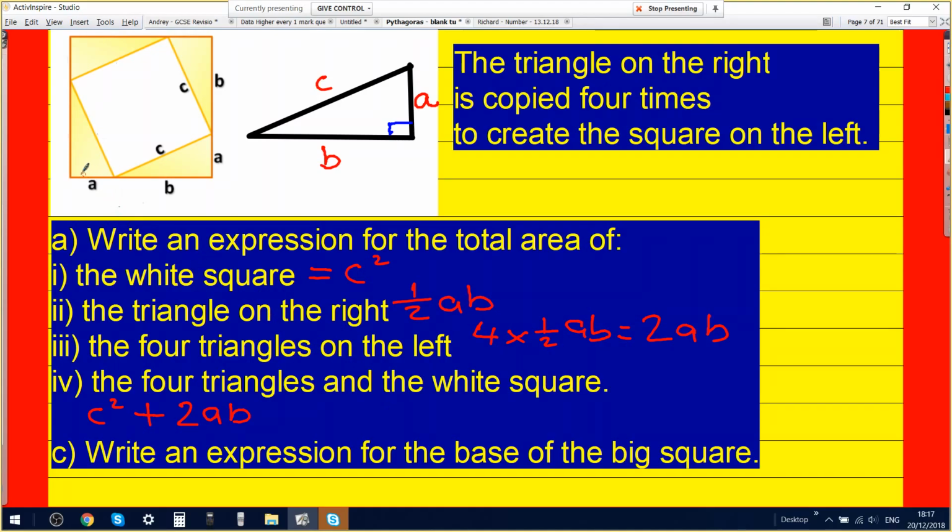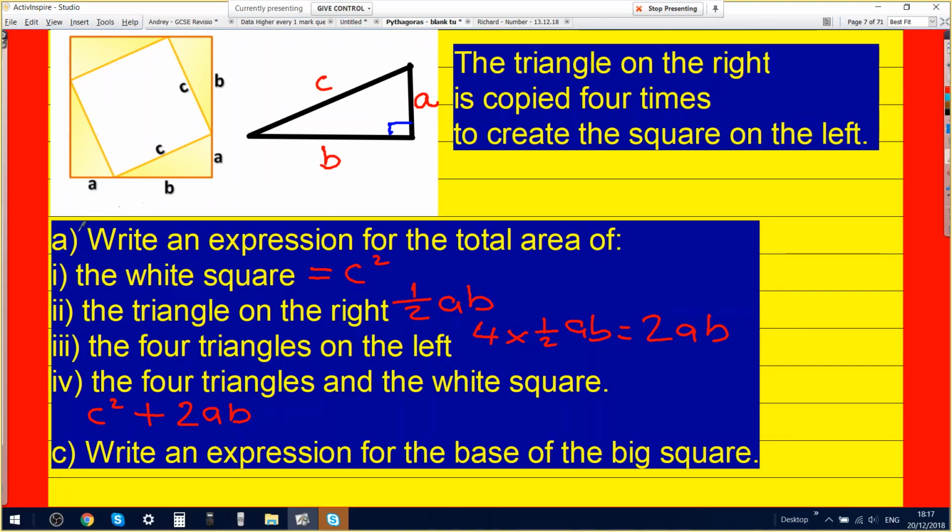And so you see this square on the left. What is the length of the base of the total square? No, just the total length of the base. This bit is A, this bit is B. So if that was 3 and that was 5, what would you do to get a total?